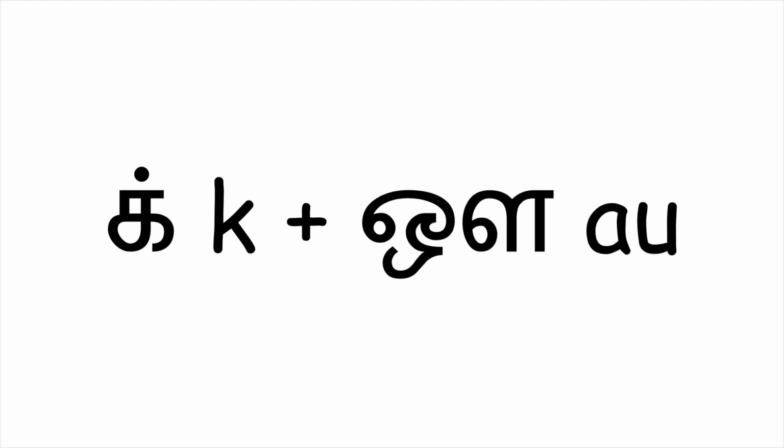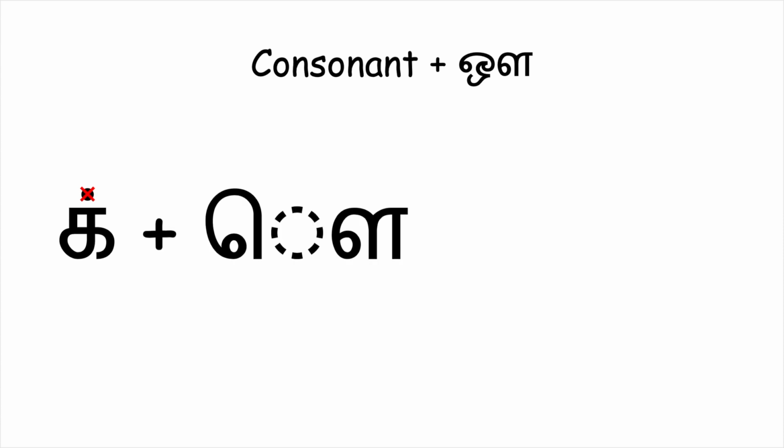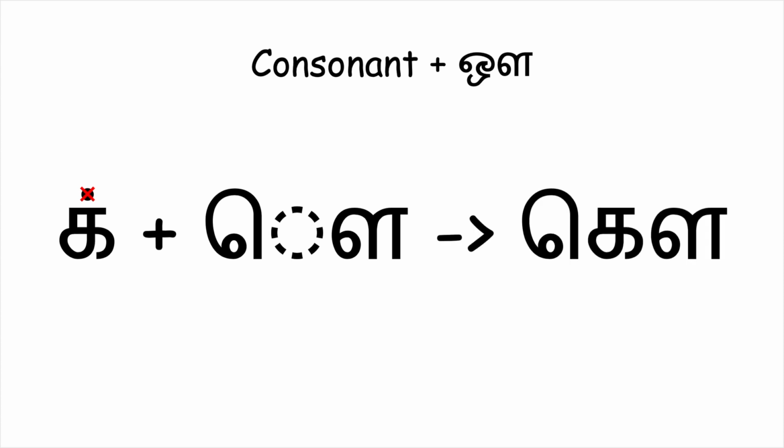This is the letter kau. It's formed from uk plus au. The pattern which applies to the consonant plus owl combinations is to get rid of the dot and add these two patterns to the front and back. So when we apply this to uk, we get kau.